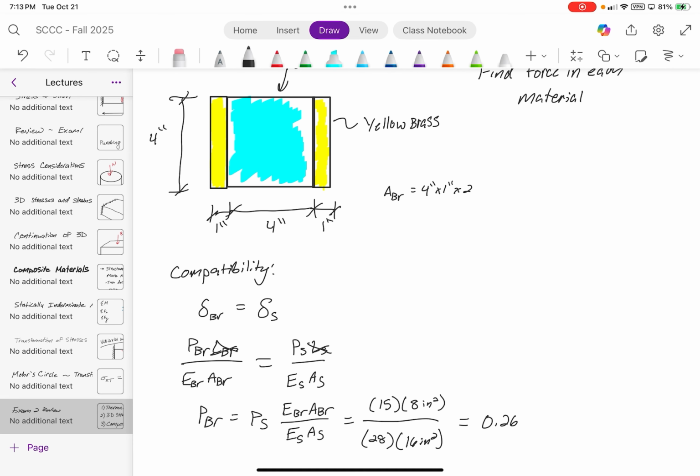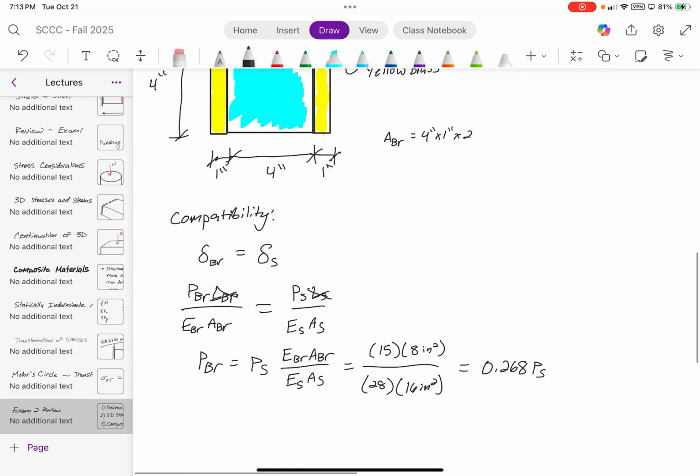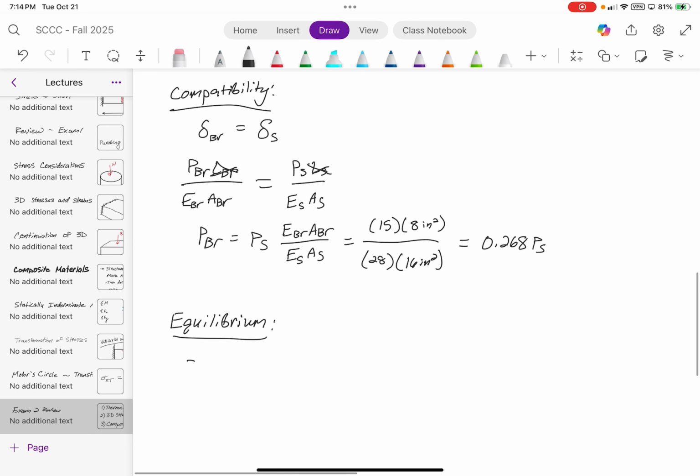And this gives you 0.268 P_S. From here, you plug this into equilibrium, which will tell us that the 30 kips has to equal the force in the steel plus the force in the brass.